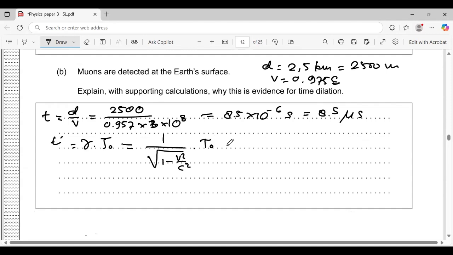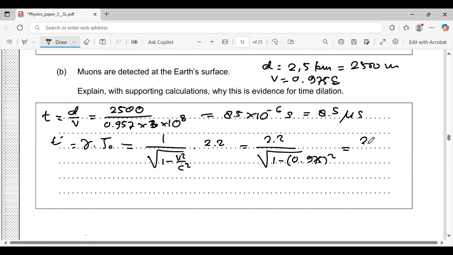Okay, and this is 2.2 μs, so it's going to be 2.2 over the square root of 1 minus, from our previous calculation, 0.975 squared.